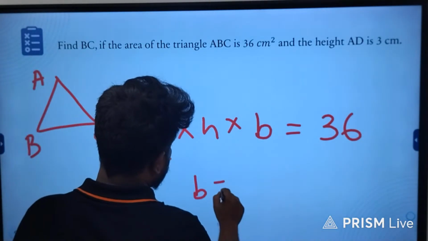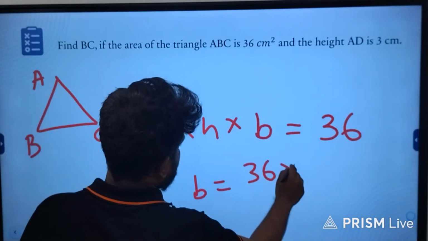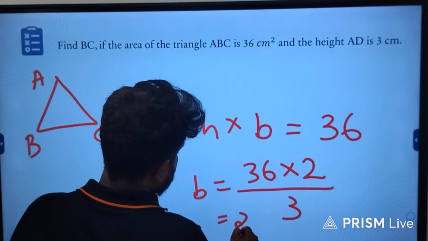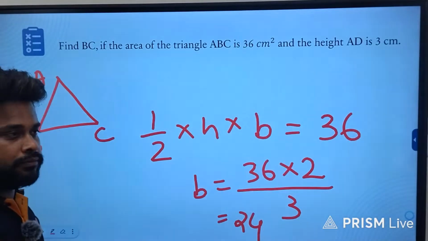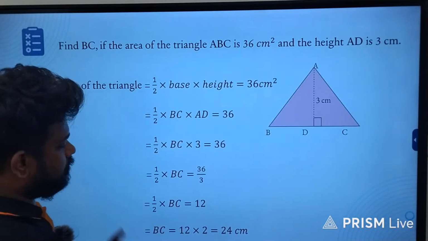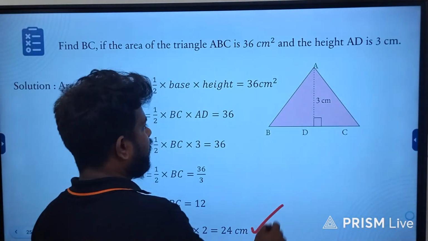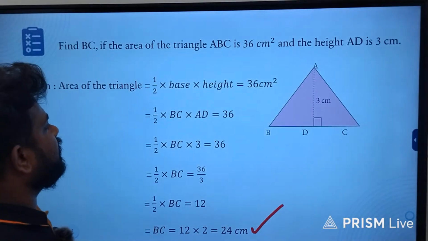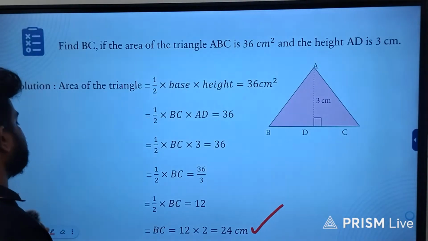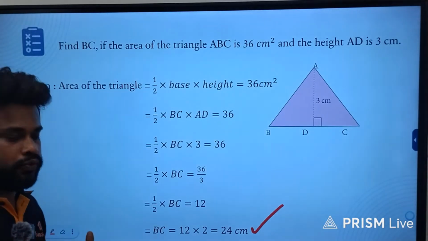So we have to find the base, and the height is given as 3. So BC will be 24, obviously. They did it with the same approach, and this type of sum should be done with the same approach.